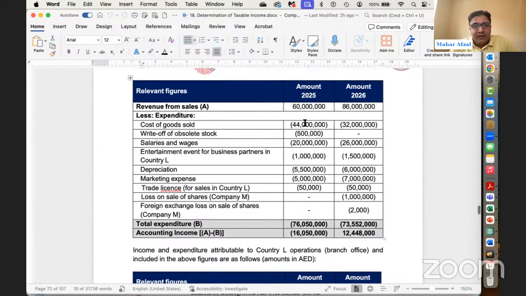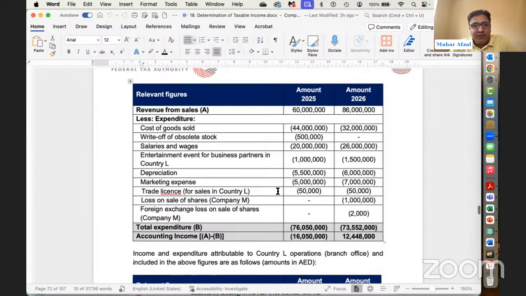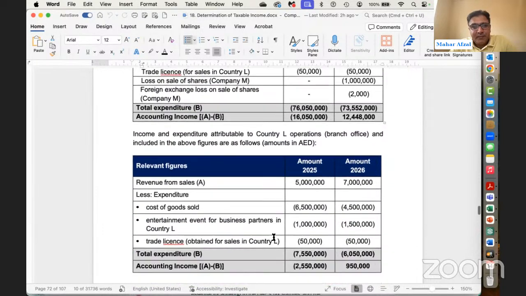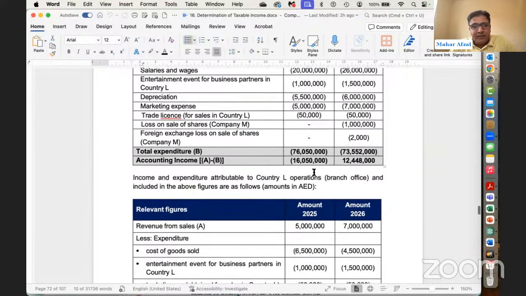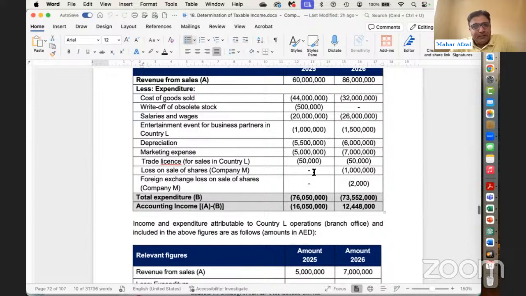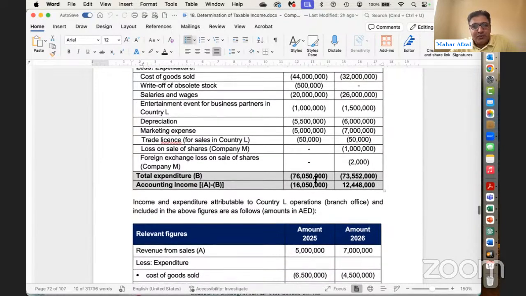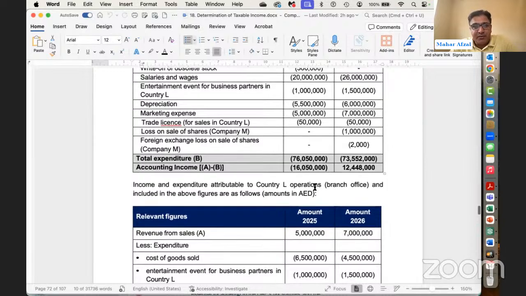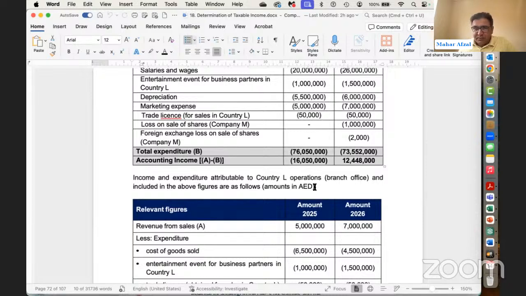So this is again the profit and loss account 25-26. This is a loss, by the way, and this includes branch impact as well. So we need to eliminate the branch income and branch expenses because we have taken the exemption. Loss is 16,050. This is my loss.